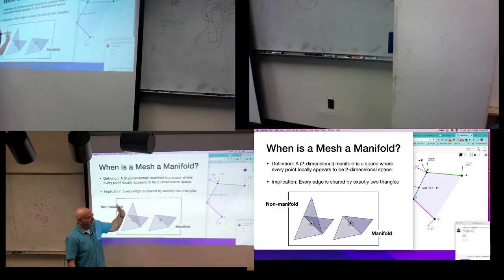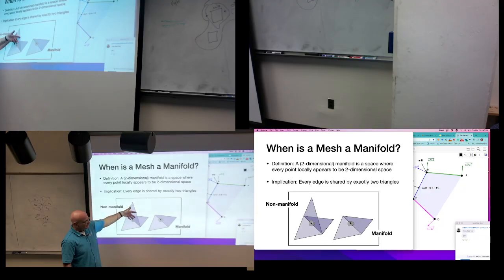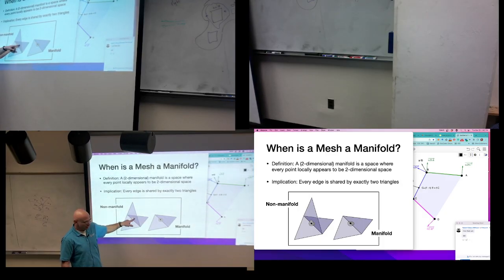As long as everything has nice topology, there are no artifacts in the rendering and no artifacts in the manufacture. Bad example: the same geometry, but now here are 3 triangles that meet along an edge. It's not planar anymore.